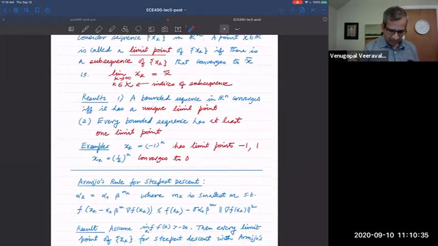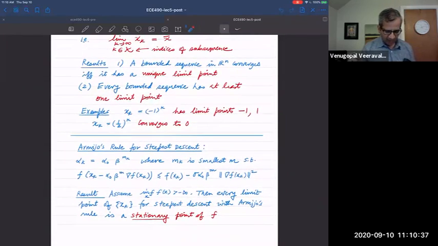Okay, and we proved basically that Armijo's rule will take you to a stationary point of f, not necessarily a local minimum. You might be unlucky, and which is rare, end up at even a local max. But you could certainly end up at a stationary point that's not a local minimum. It could be a saddle point, for example.